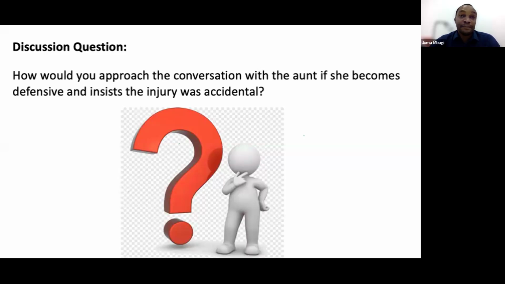Suppose you are discharging a child with non-accidental injuries, and then tomorrow you hear that the child you discharged was assaulted or maltreated to the extent that he lost his life. So it's not going to be a nice experience. So from today, I think every one of us will be keen to identify non-accidental injuries and the pathway to go through after you recognize them.